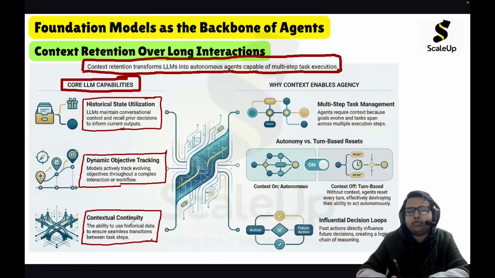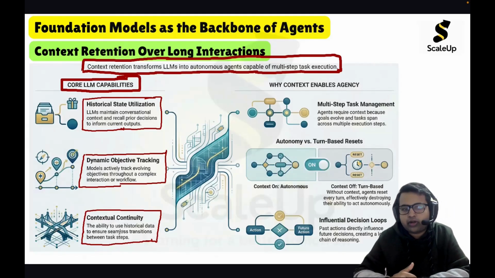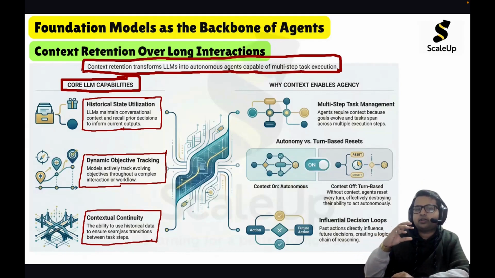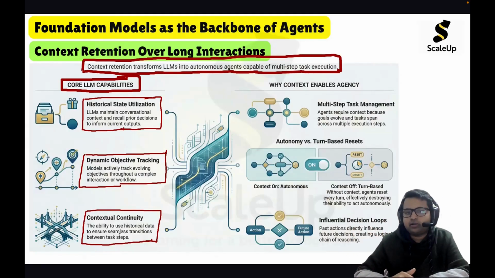Contextual continuity: the ability to use historical data to ensure seamless transitions between task steps. Context is something we supply or pass to the large language model along with the input prompt. The main intent you are giving is what you want to accomplish.